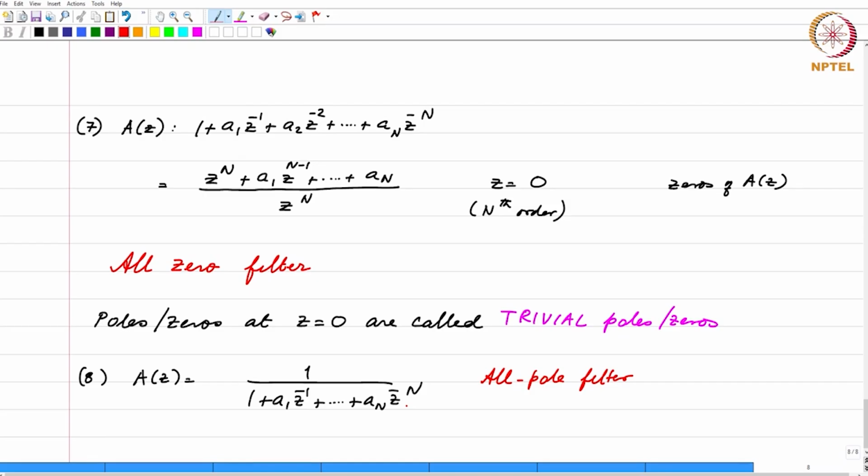The zeros of the previous example become poles and vice versa. Even though there are zeros for this all pole filter, all those zeros are at Z equal to 0. Therefore, since all the zeros are trivial zeros, this is called an all pole filter. If you had both non-trivial zeros and non-trivial poles, that will be called a pole zero filter.